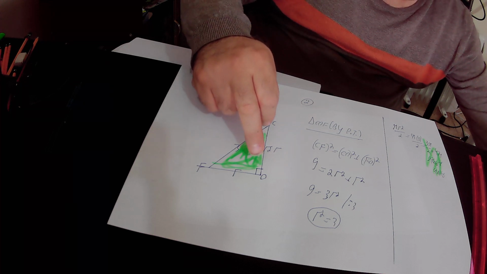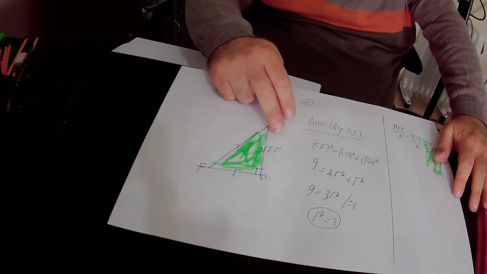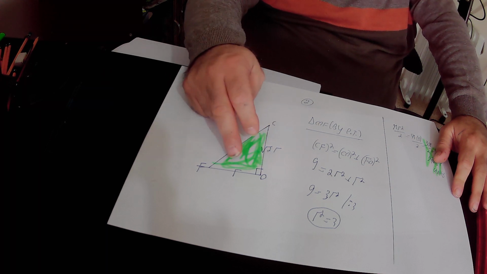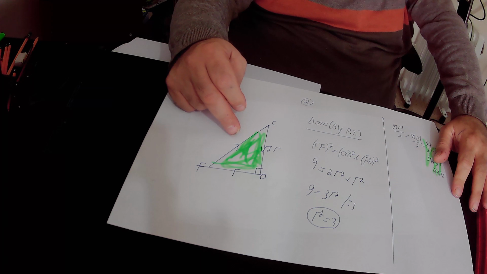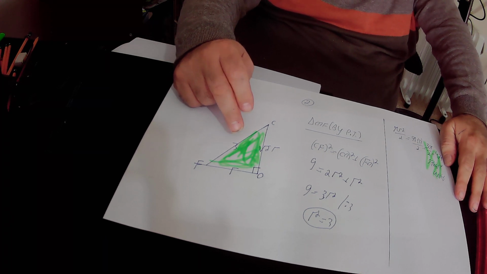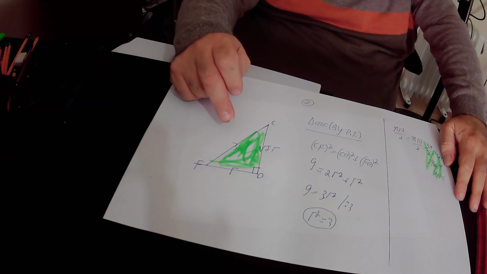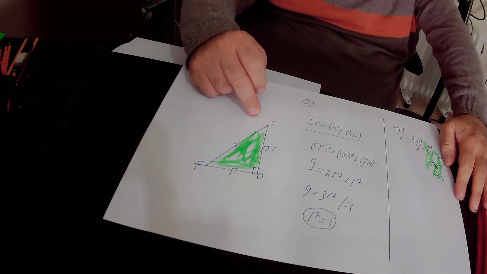We have already found out that the diagonal CO of the square equals the square root of 2 times R. FO equals R, the radius of the semicircle, and CF, the radius of the quarter circle, is equal to 3 units. So according to the Pythagoras theorem, in the right triangle CFO, the square of the hypotenuse equals the sum of the squares of the perpendiculars.